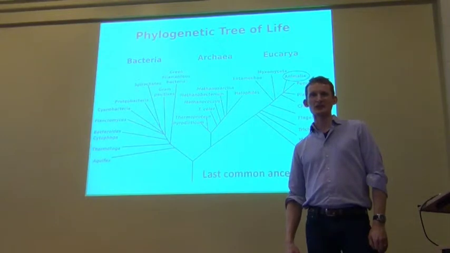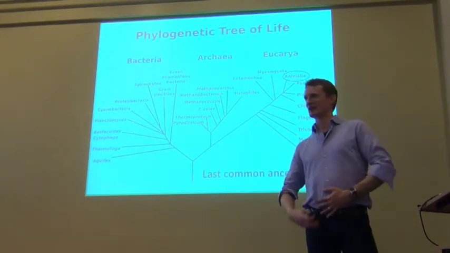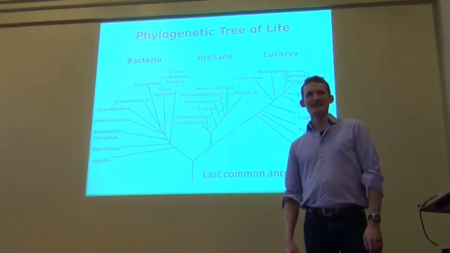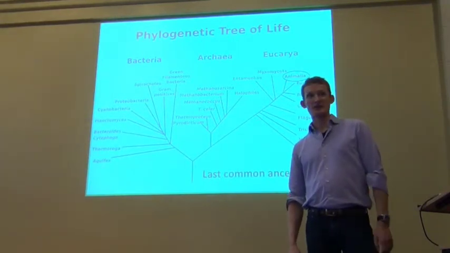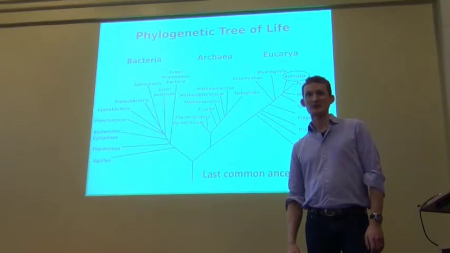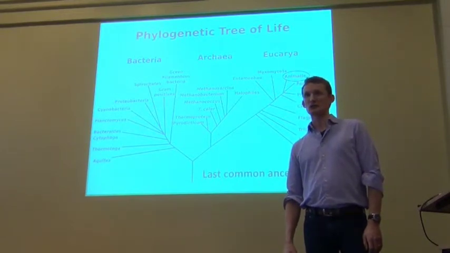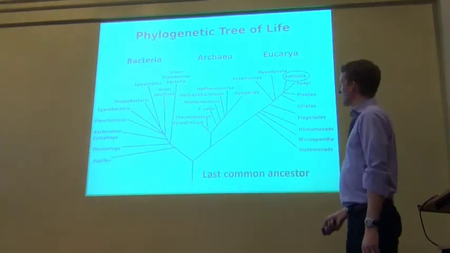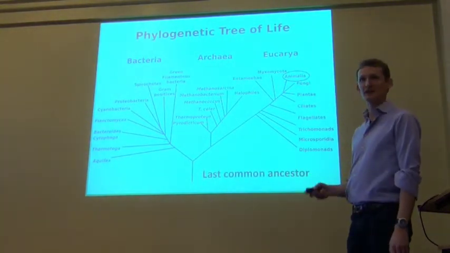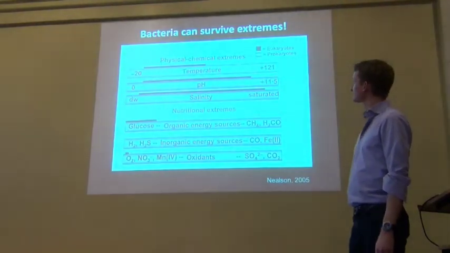You're carrying them around all the time in your skin, inside your gut. There are billions and billions of bacteria all around us. If you pick up a teaspoon of sediment, it will contain about 100 billion bacteria. So they're absolutely everywhere. And these are the things that we have to try and find back in time.